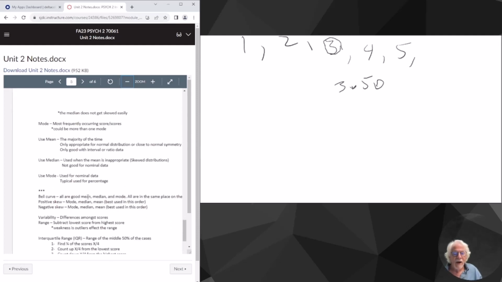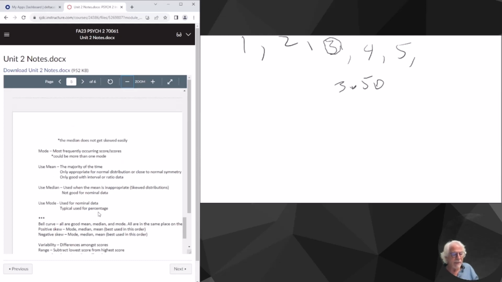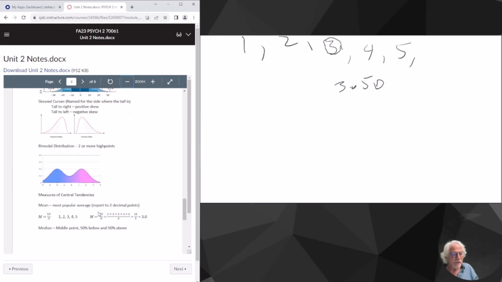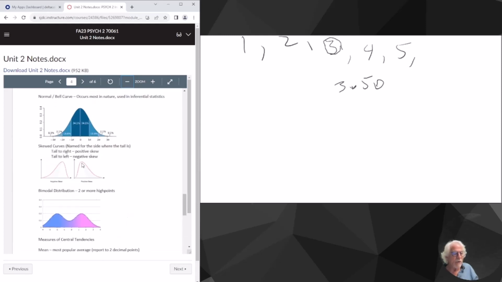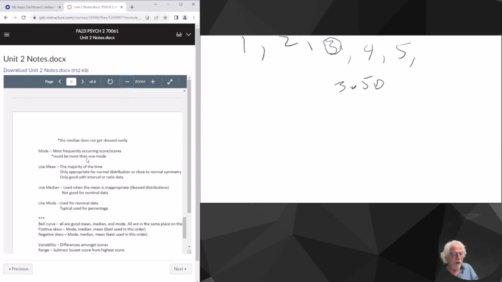In the bell curve, all measures of central tendency, or averages, are valid and good, and they all work. However, if you have the skewed ones, it's the mode that is the most effective. What is the score that is the most?